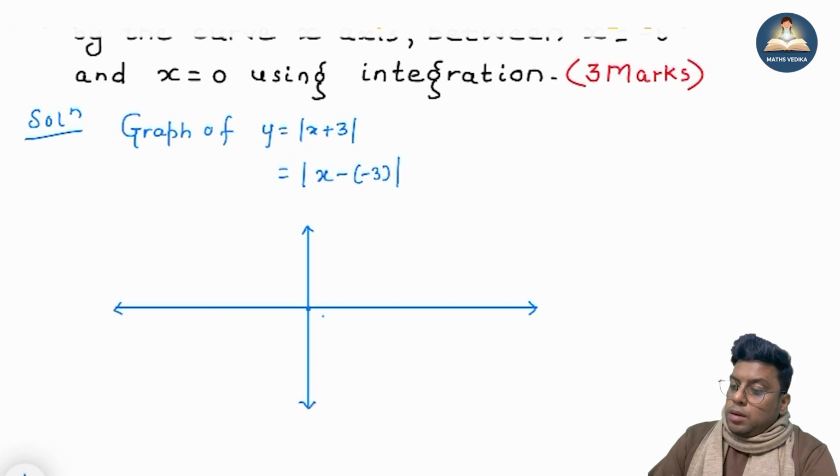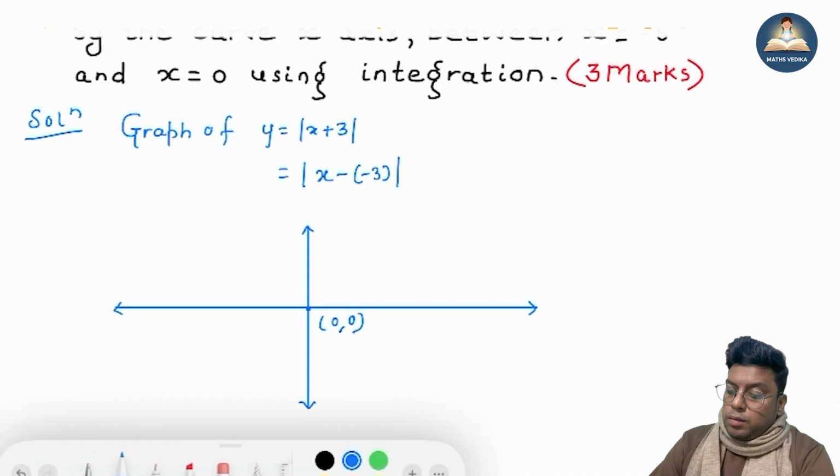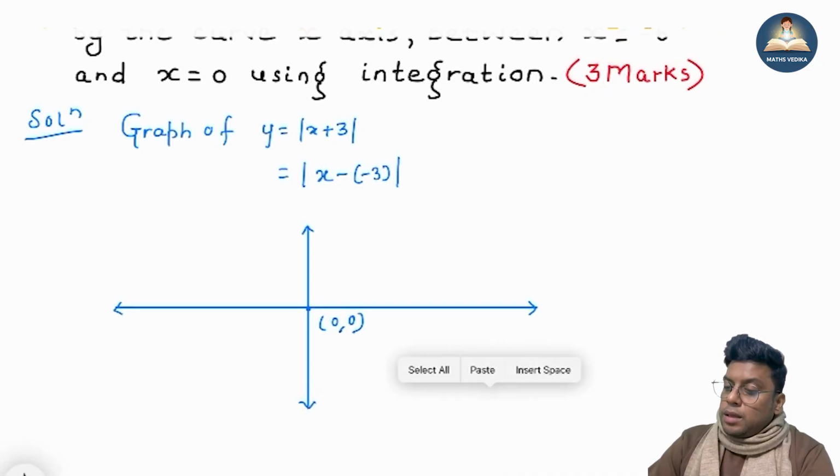So this is the origin (0, 0). The graph of y = |x| will be like this.